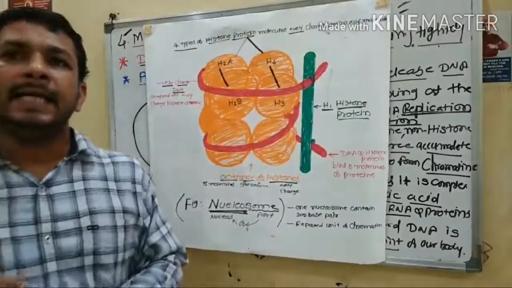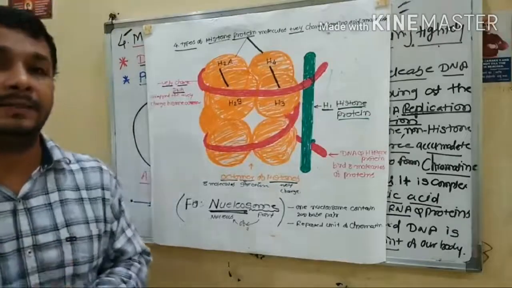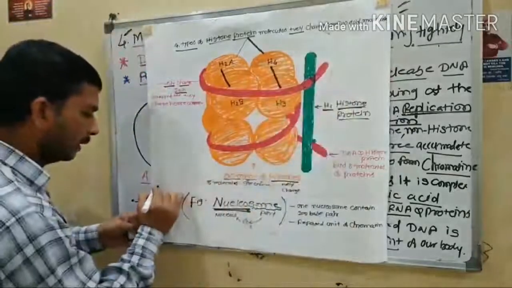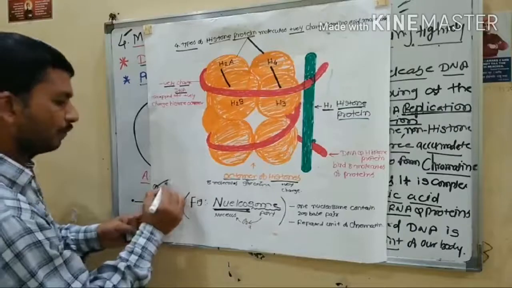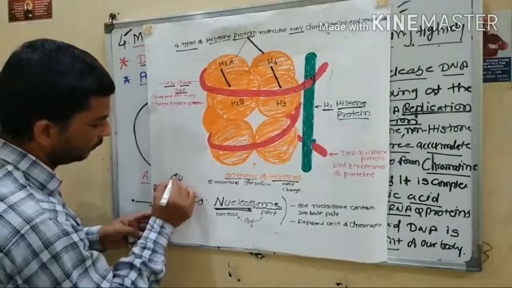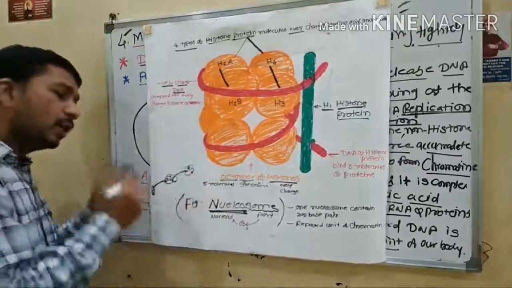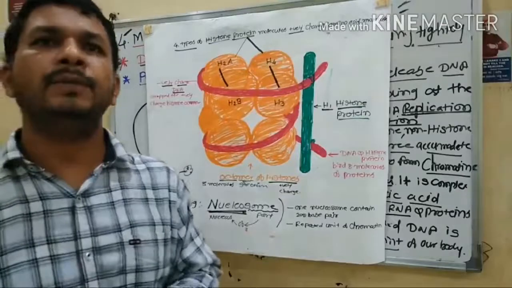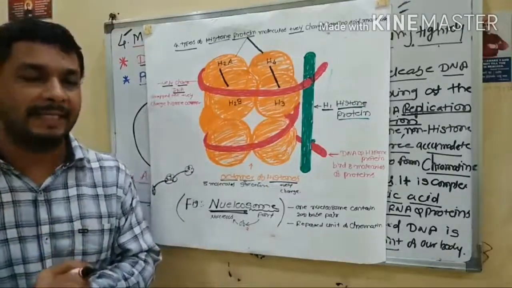It is a repeated unit of chromatin which is thread-like. If this is one nucleosome, then here we find another nucleosome, and here again another. These are the repeated units of the nucleosome, the repeated unit of chromatin which is thread-like and stained.